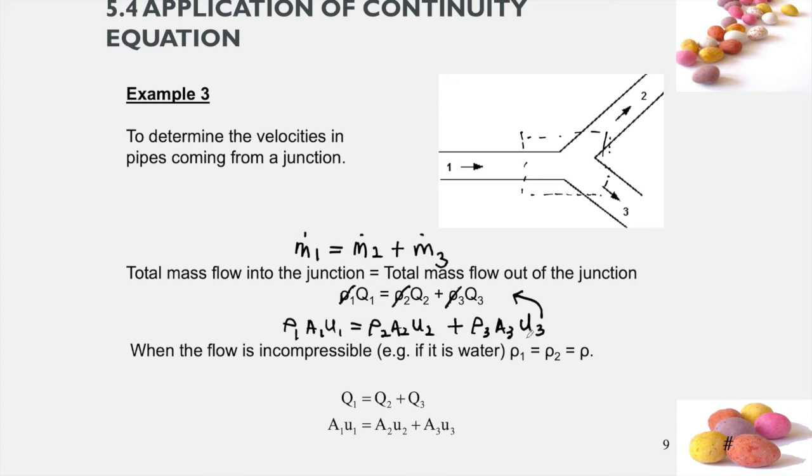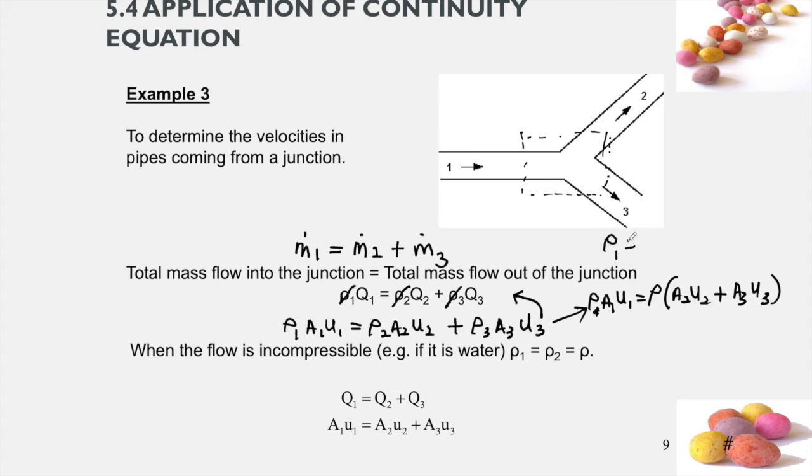If the density is the same, the equation turns into A1 U1 equal to A2 U2 plus A3 U3.